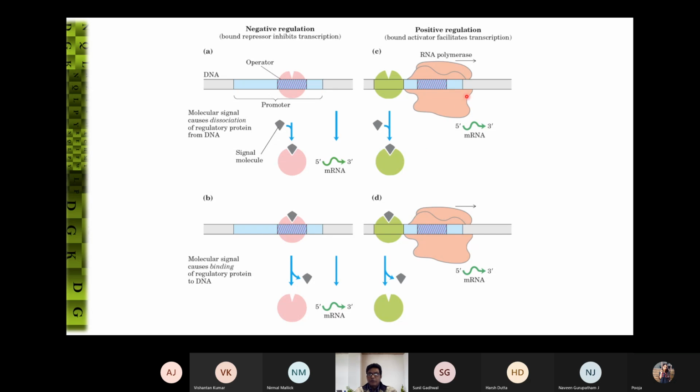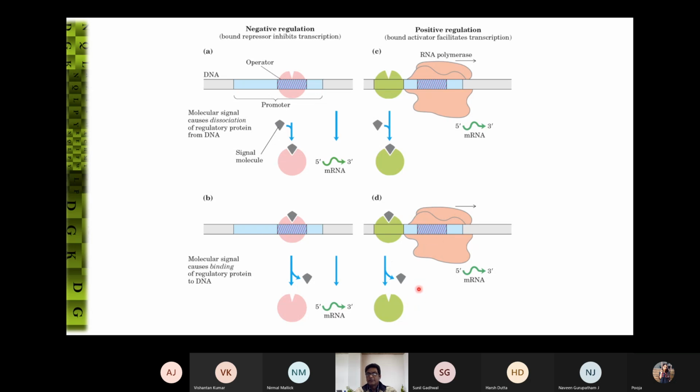And here you have positive regulation. Either normally it will bind there and you get the synthesis as it is, and to release it you have a signaling molecule that binds to it and releases it from the site, or it is bound there because there is a signaling molecule, and when the signaling molecule is removed, it releases, and so there is no longer synthesis.